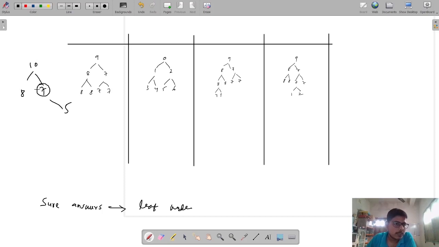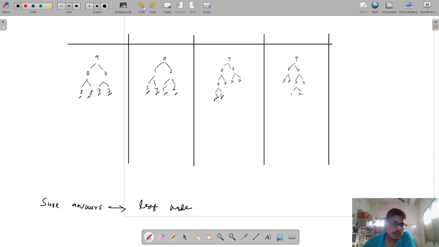Is this a leaf node? No, its left one is null, but its right one is not null. You have to be sure that both its left and right nodes are null. Okay, so I hope you know leaf nodes. So these are leaf nodes, this is a leaf node, this for this case, this for this case, this. Okay, so these are the leaf nodes.